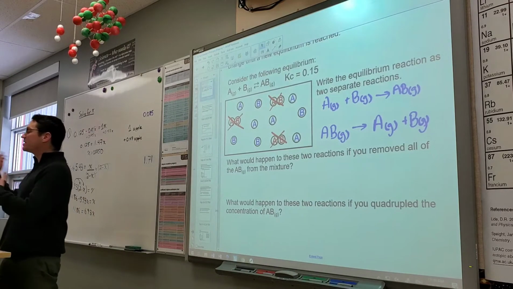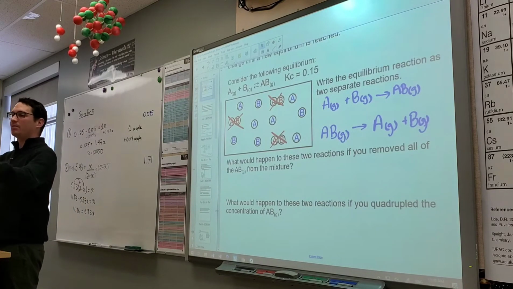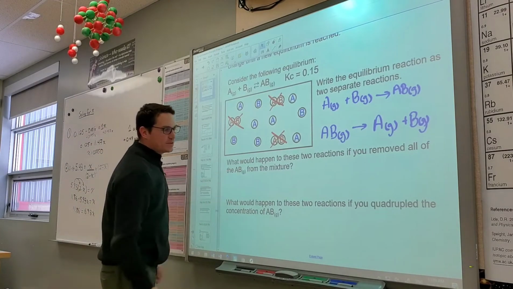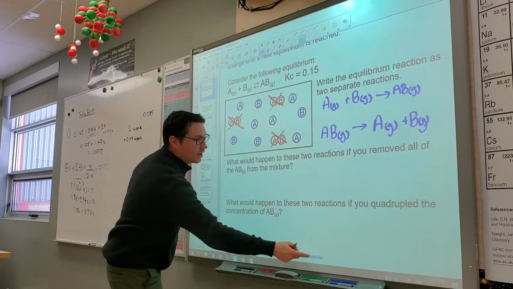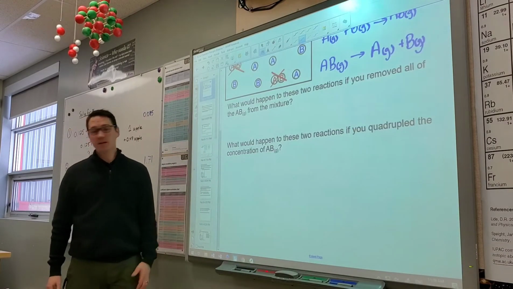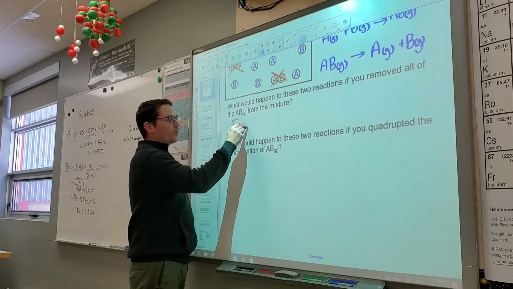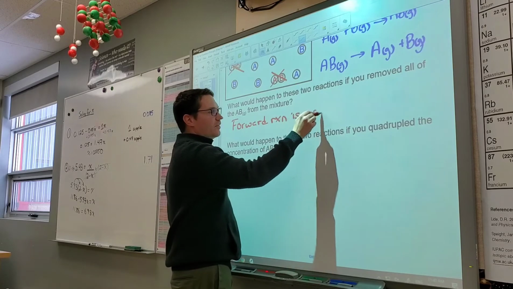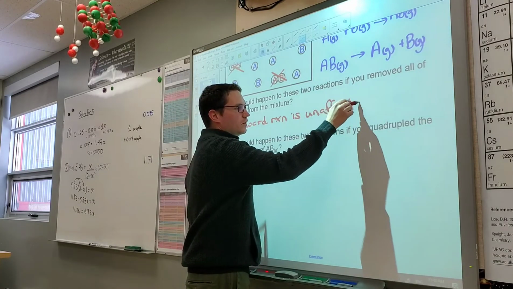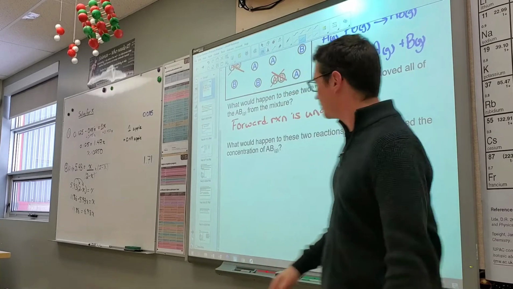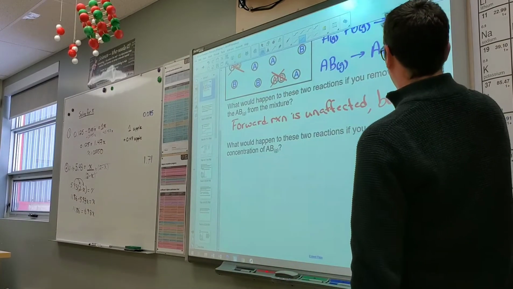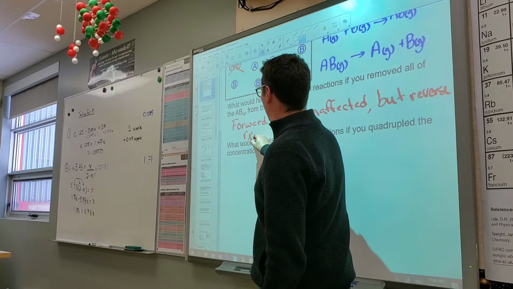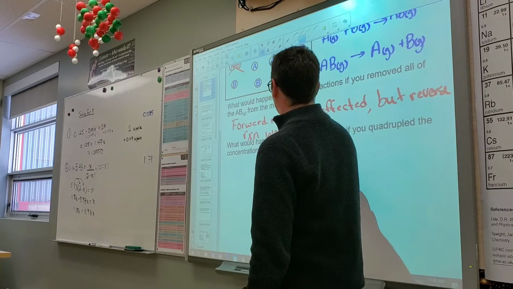Have I thrown this system out of equilibrium temporarily by doing that? Yeah, I have. So what would happen to the mixture of these two reactions if you removed all the AB? Well, the forward reaction is unaffected. But the reverse reaction would slow down.